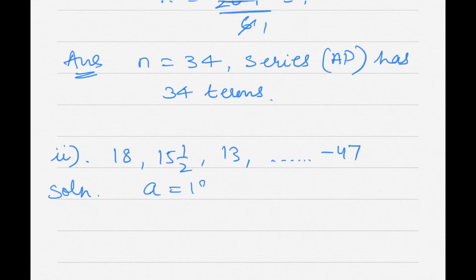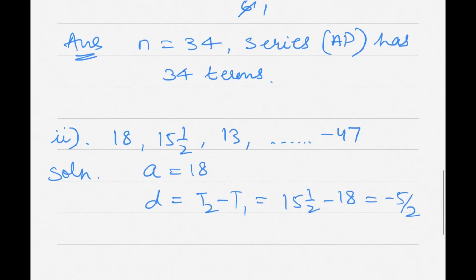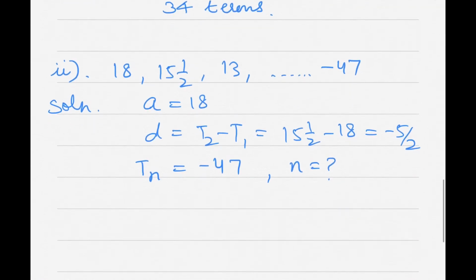We are given A as 18 and D will be equal to T2 minus T1. So this will be equal to 15 and half minus 18, which gives me minus 5 by 2, minus 2 and half. Then Tn is given to me as minus 47 and n I have to find out.